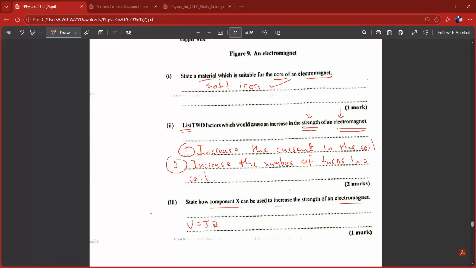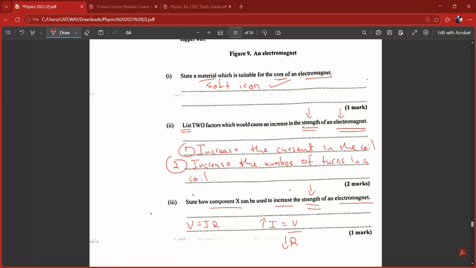We know an increase in current increases the strength of the magnet, right? So if you make I the subject of the formula, you're gonna get V all over R. So if you decrease the denominator, you're therefore increasing this value for I. So if you decrease the resistance, you're increasing the current. And if you increase the current, you're increasing the strength of the electromagnet. Very important to note. Right?